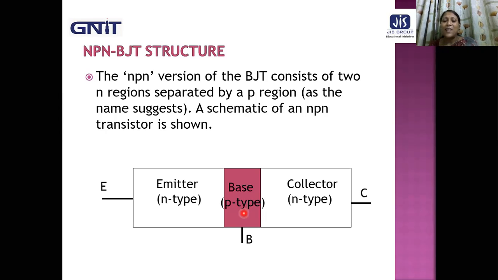Because it has to emit the maximum number of majority charge carriers. As this is N-type, here the majority charge carriers are electrons. That's why this region is heavily doped. The function of the collector is to collect these majority charge carriers emitted by the emitter. That's why the collector region is moderately doped, and the base region is poorly doped.